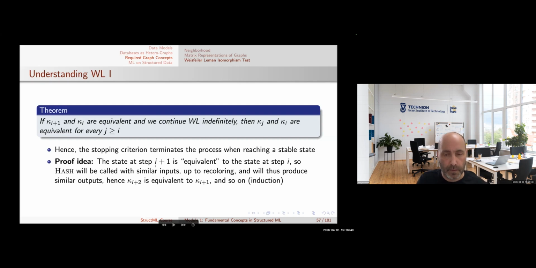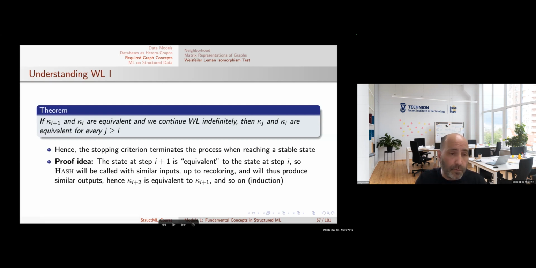Think of it as follows. Kappa I plus 1 gets as input the colors of kappa I and produces an output. And these outputs are, again, equivalent to kappa I. These are the same groups. Now, kappa I plus 2 will see kappa I plus 1, which is basically the same as kappa I. You just replaced all of the colors, but all of the structures, all of the groups are the same, all of the neighbors, bags, and so on.